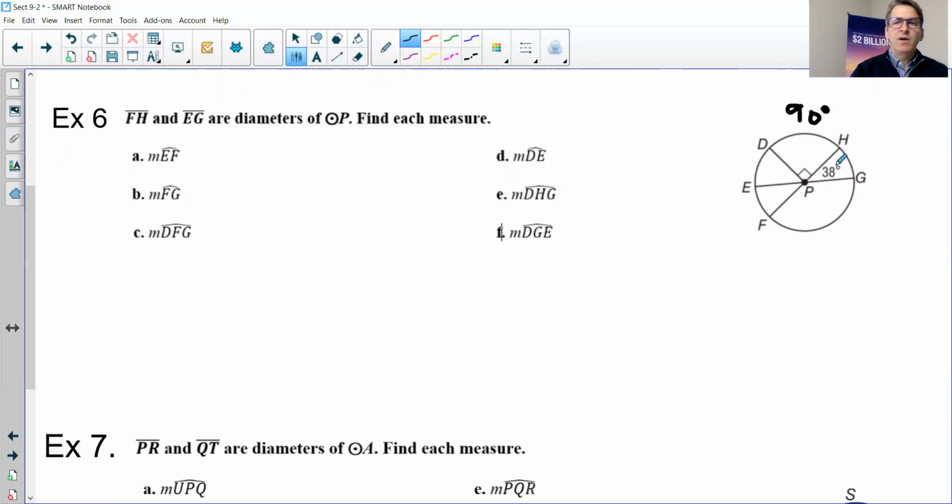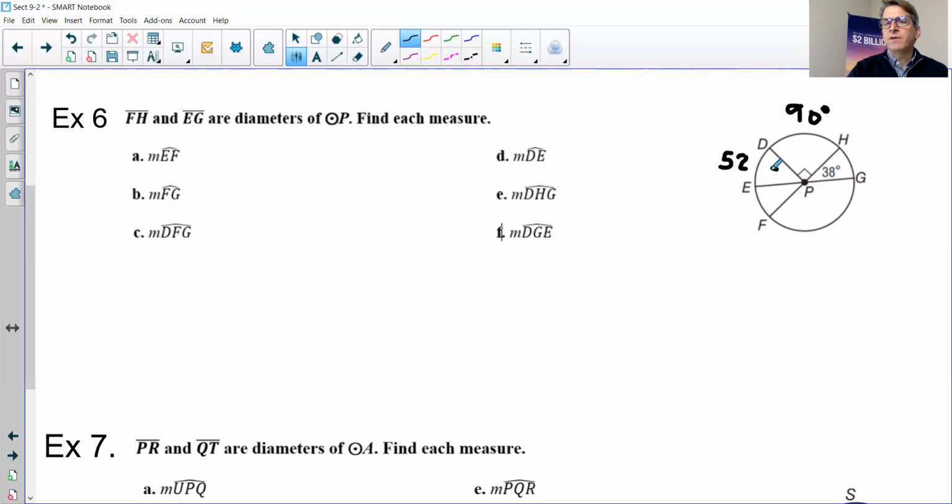Since EG is a diameter, we have 90 and 38, so this is going to be 52 degrees, because if you add the 90 and the 38 and subtract from 180, you get your 52 degrees.